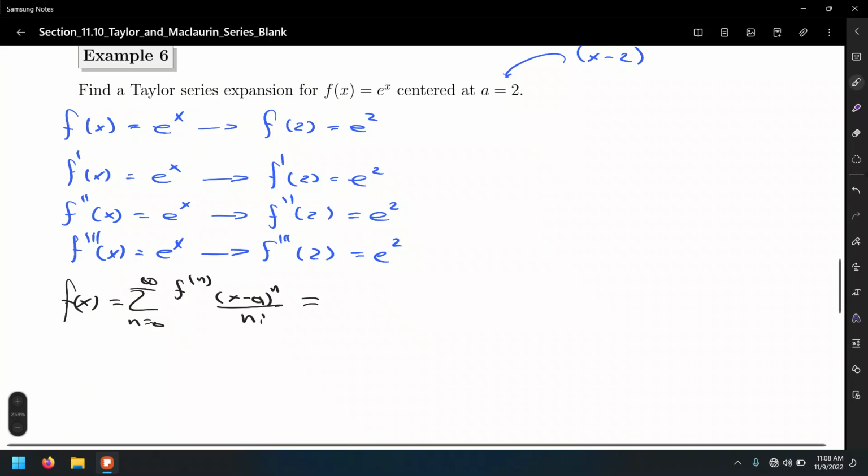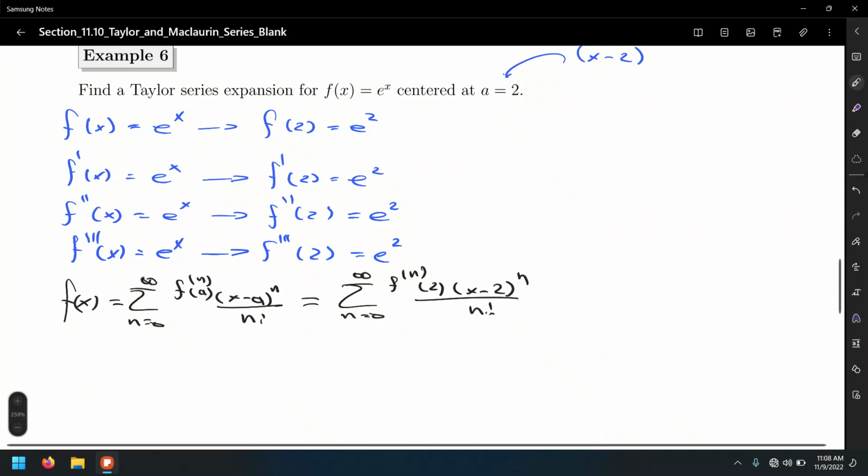In particular, for our case, that's the sum from n equals 0 to infinity of the nth derivative, which should be evaluated at a. Forgot that part. Evaluated at a, which in this case is 2, times x minus 2 to the n over n factorial.